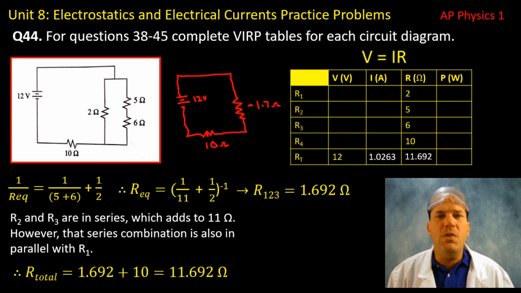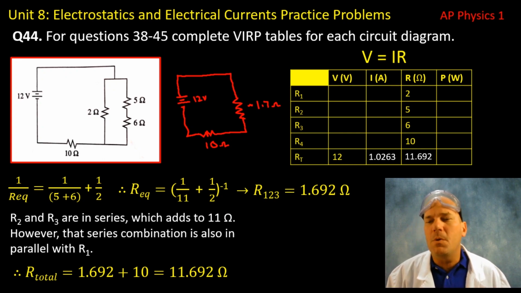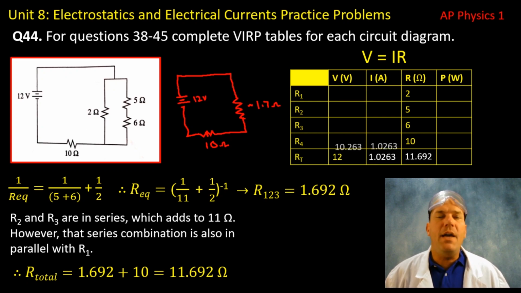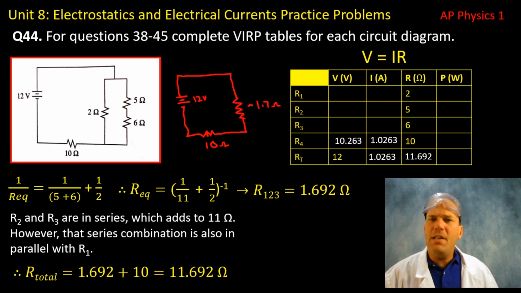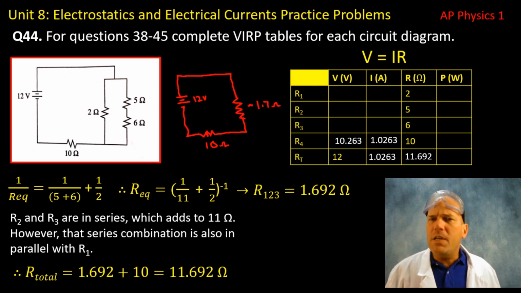Now we can use Ohm's law to calculate the total current to be 1.0263 amperes.